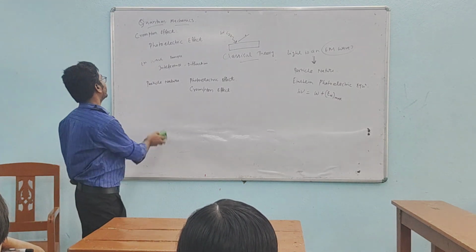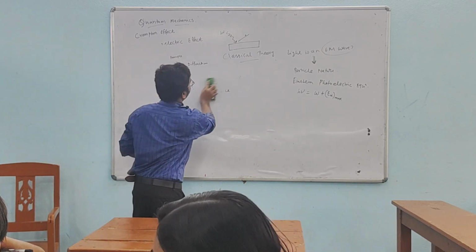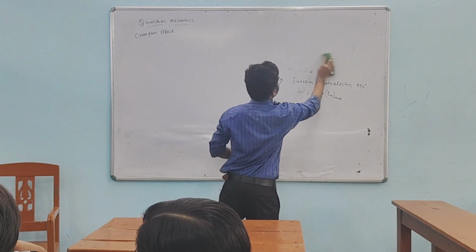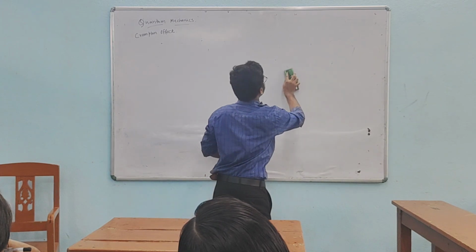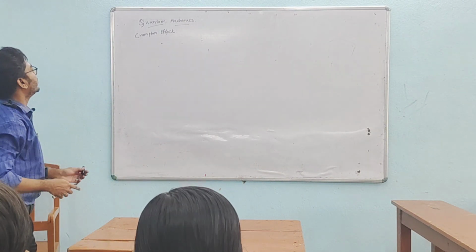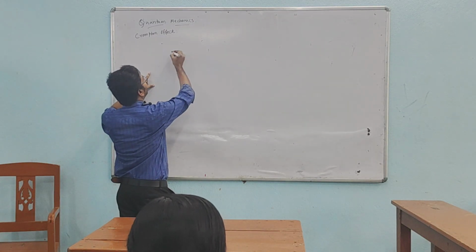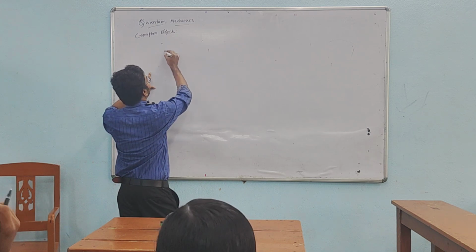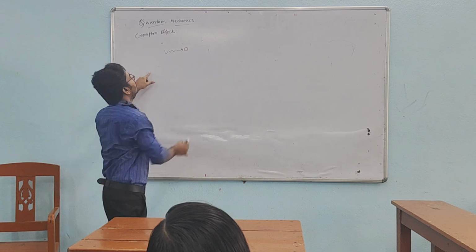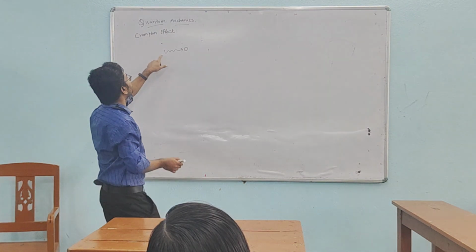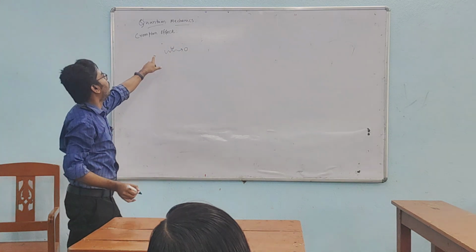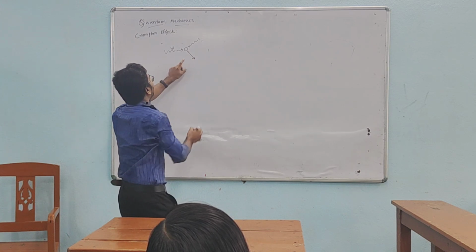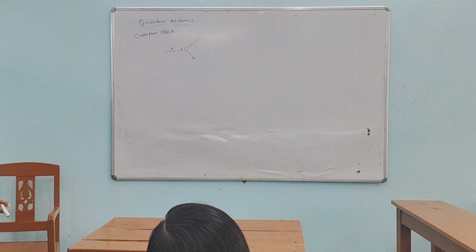Okay, so now the question is, what is the Compton effect? When a photon from a source falls on a material, it is scattered into two parts, that is, the electron goes one way and the photon goes another way.